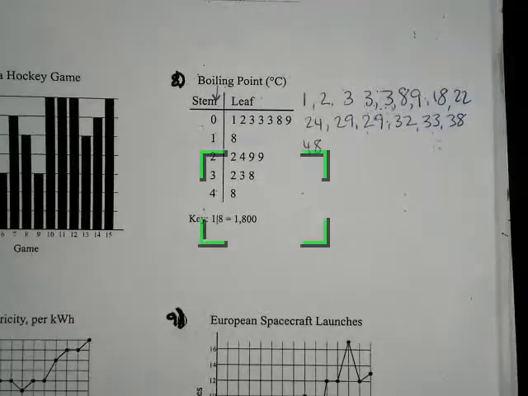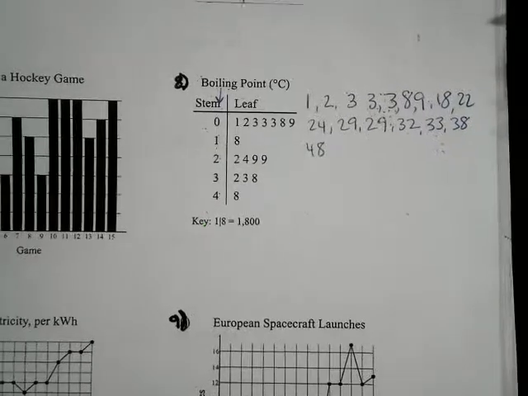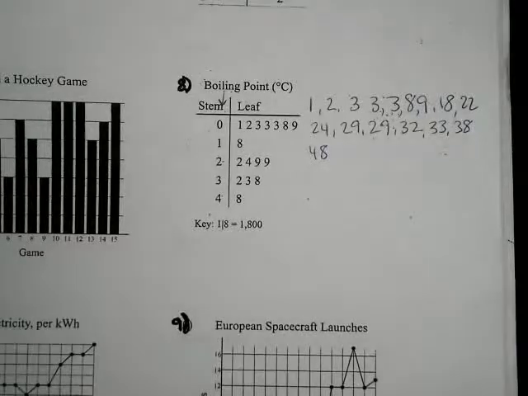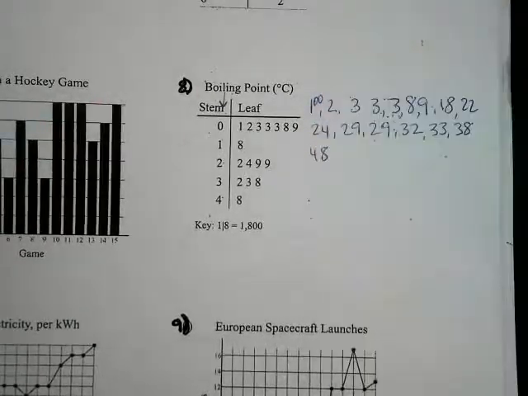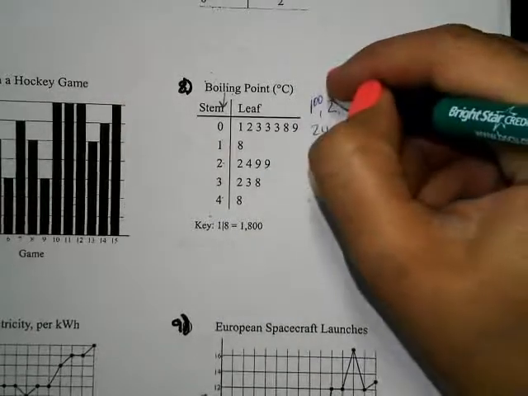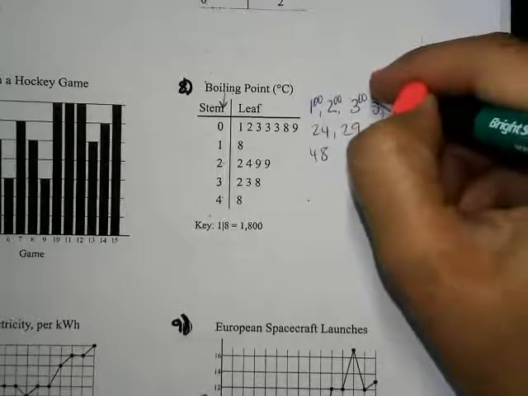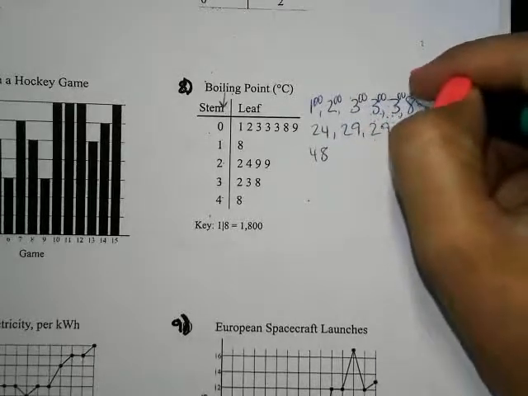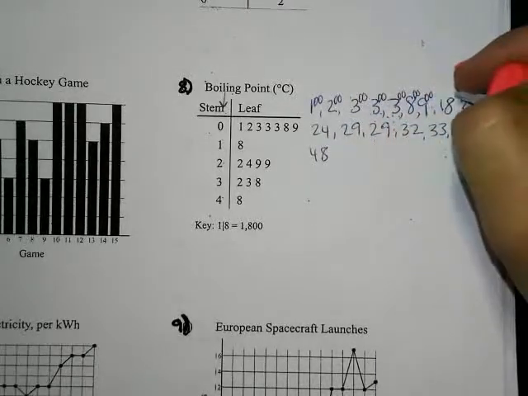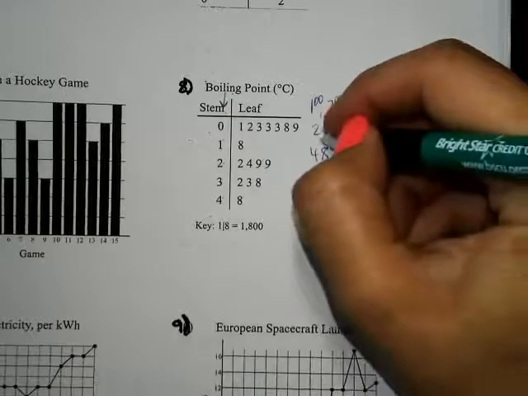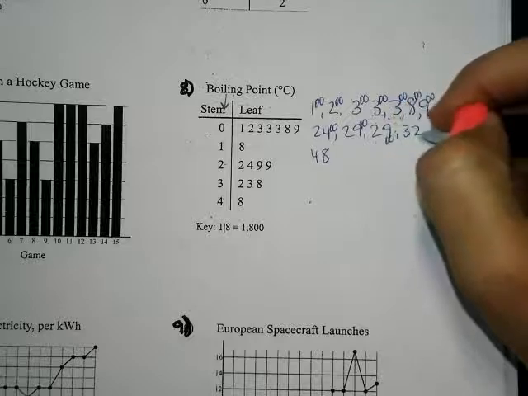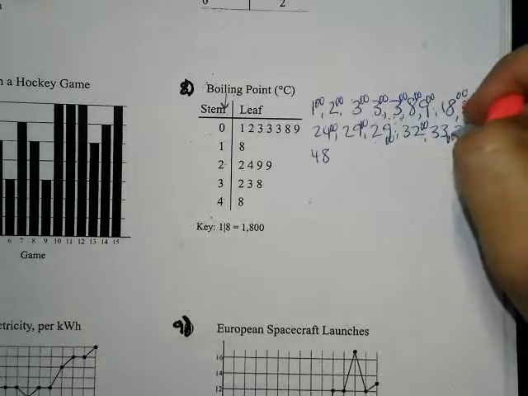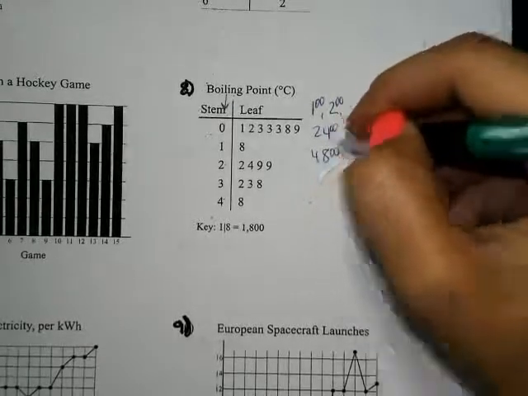This is 100, 200, 300, 300, 300, 800, 900, 1800, 2200, 2400, 2900, 3200, 3300, 3800, and 4800.